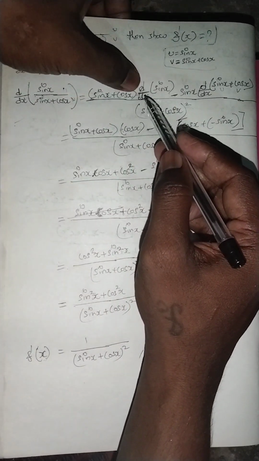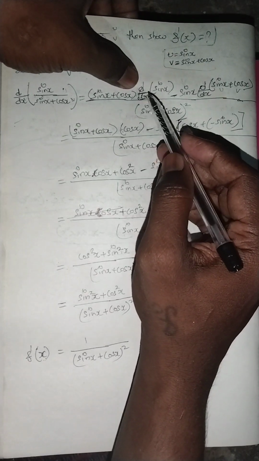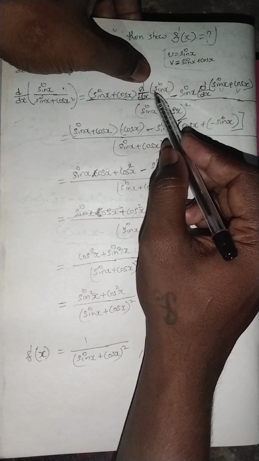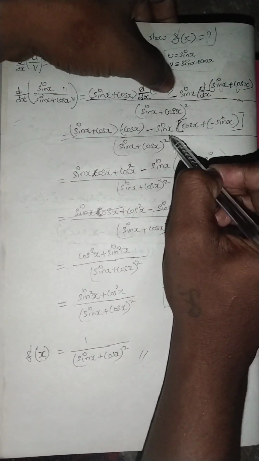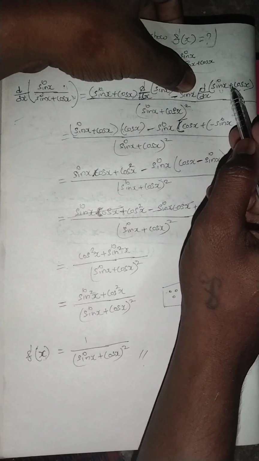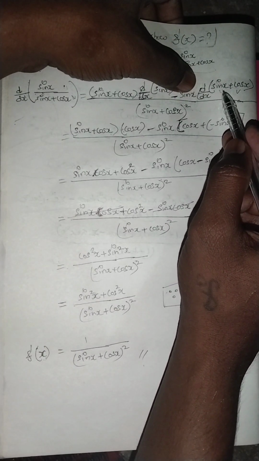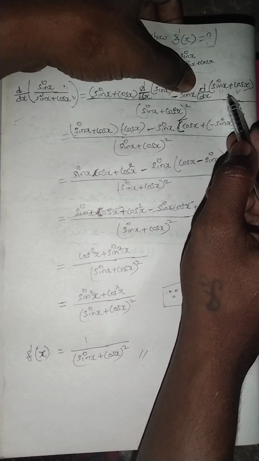Then derivation of sin x is cos x. Derivation of sin x is cos x minus sin x. Then derivation of sin x plus cos x, and this is two functions. In this problem there are two functions, u by v and u plus v.